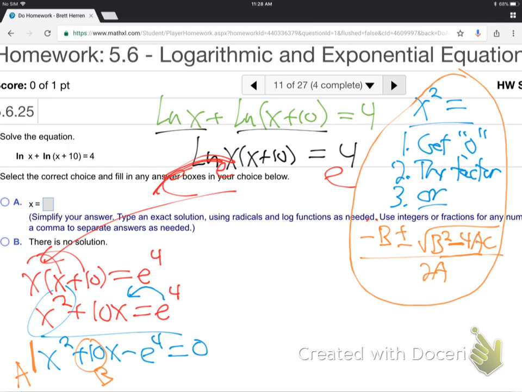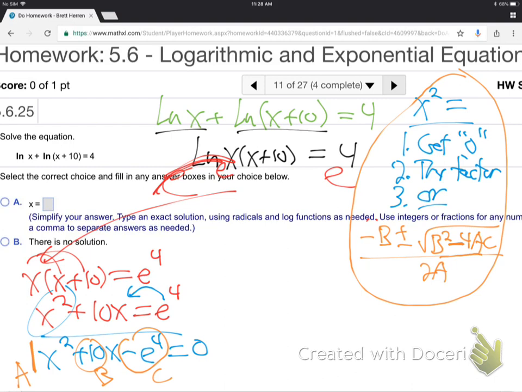To plug into the quadratic formula, we have to identify A, B, and C. And we had to get 0 first. It's all about 0 first. We got our 0. Then A, B, and C are the three things on the left side. What is C? It's that whole negative e to the fourth. Why?